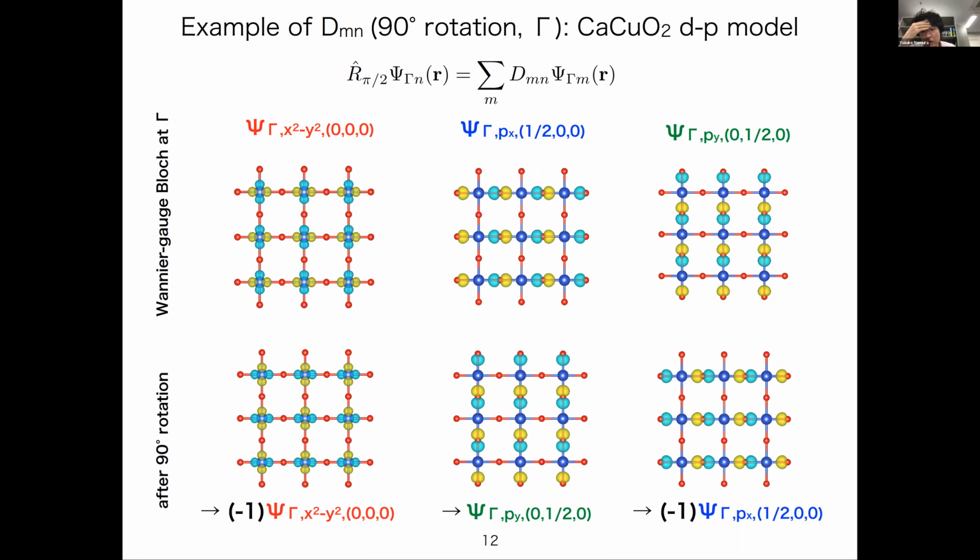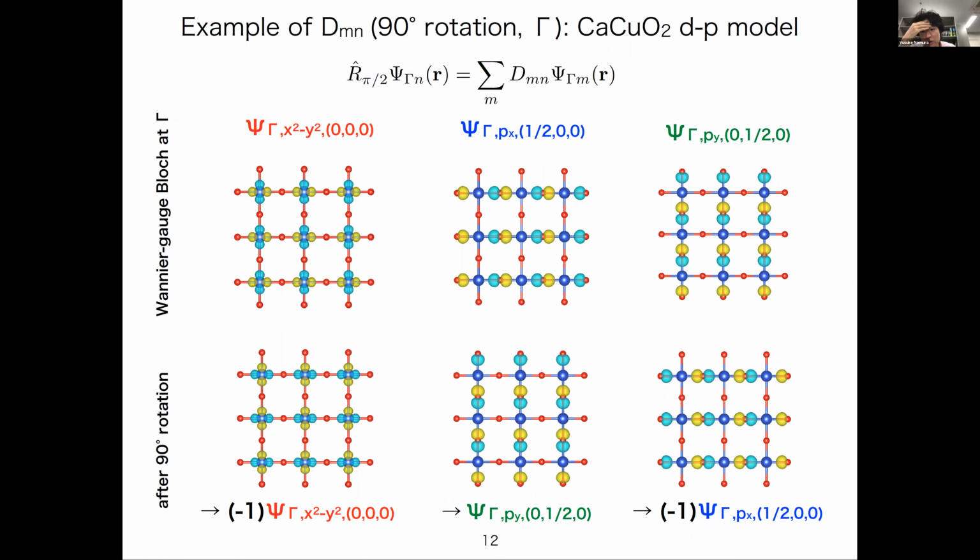And here the px orbital goes to py, then the sign is 1. On the other hand, py orbital goes to the px orbital, then it has the minus sign. So this is a -1 here. So this is the D matrix here.